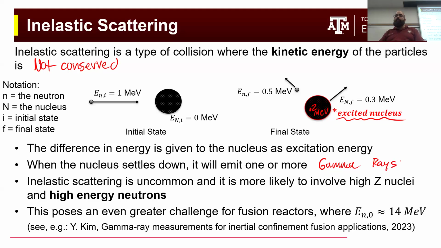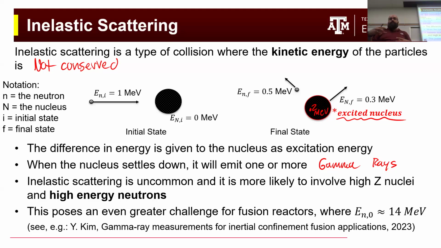There's kind of an analogy there with electrons. If an electron in an atom gets excited, it can get kicked up to a higher orbital level. And then when that electron settles back down to its original energy level, that energy difference results in an X-ray getting kicked out of the electron cloud.